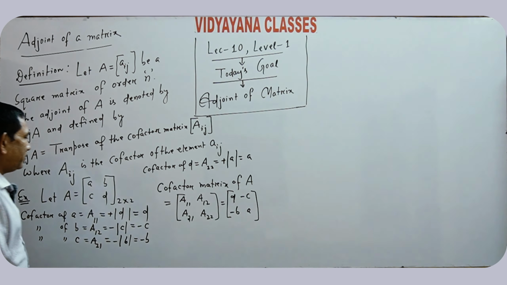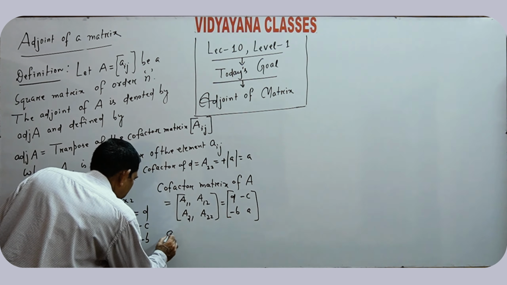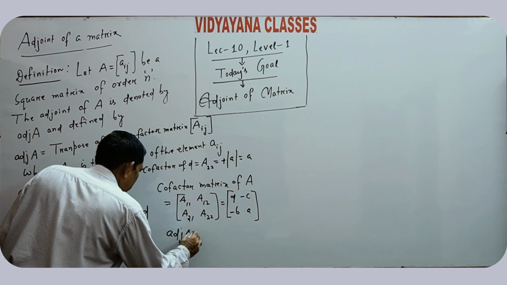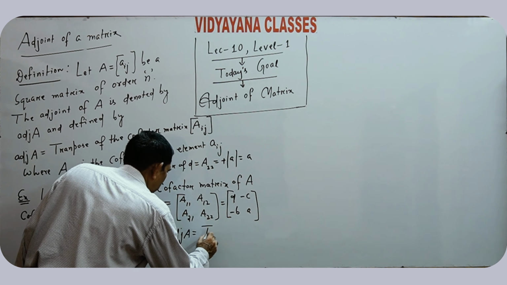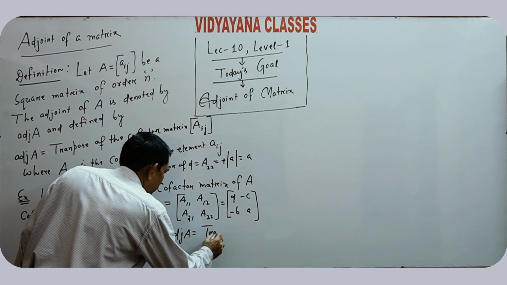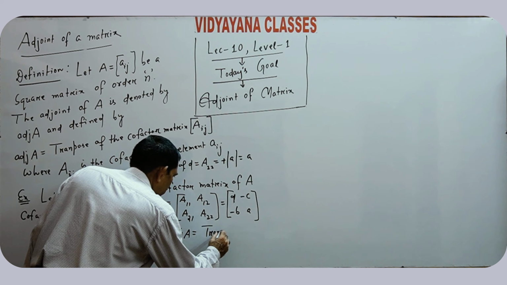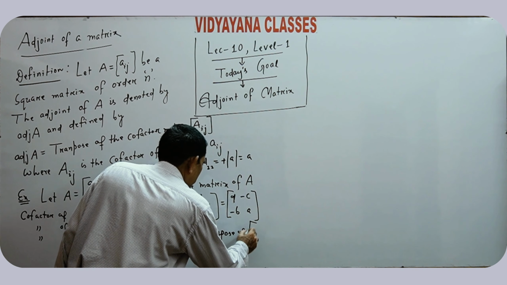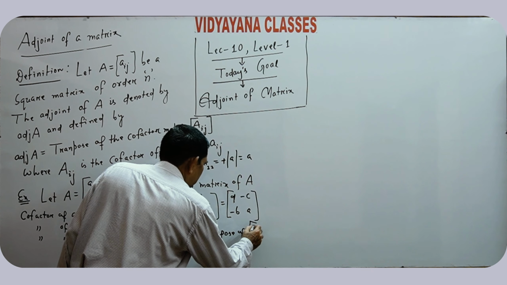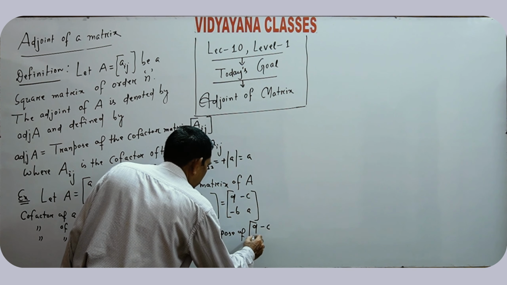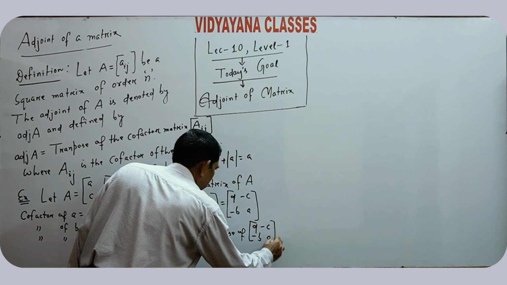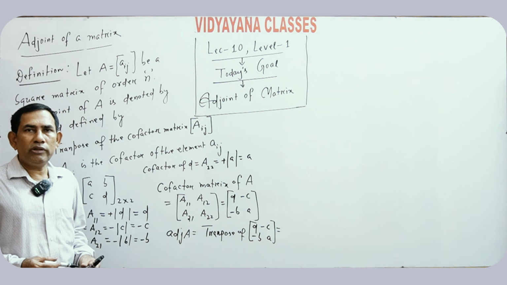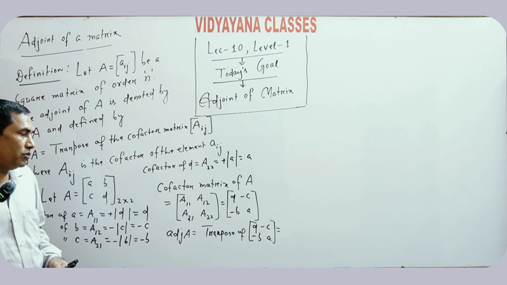What is adjoint A? Adjoint A is equal to transpose of the cofactor matrix having elements d, minus c, minus b and a, which is equal to transpose, means rows change to columns and columns change to rows.